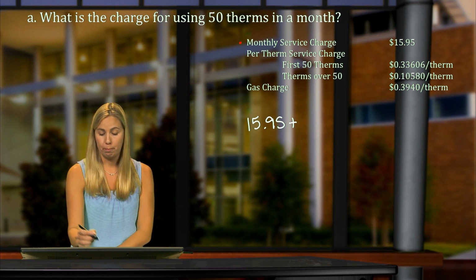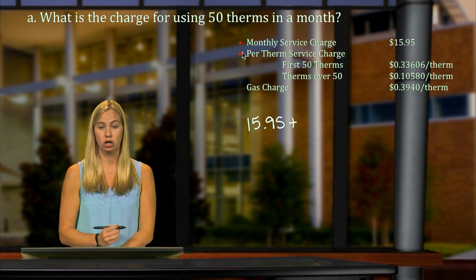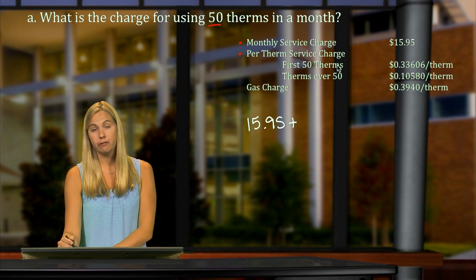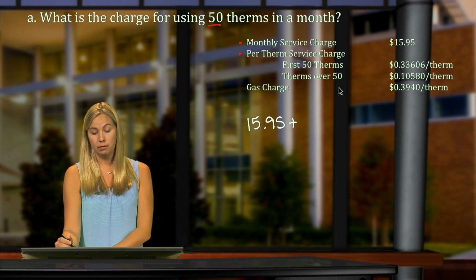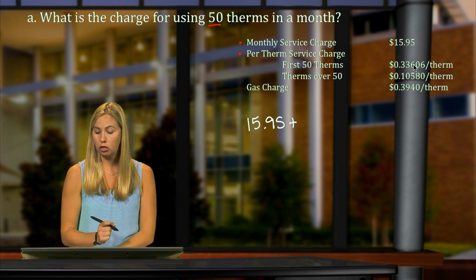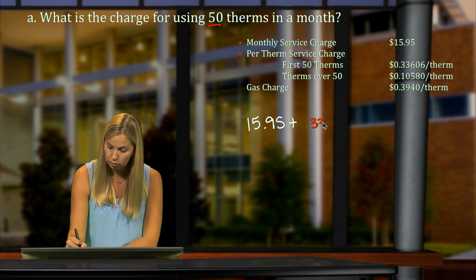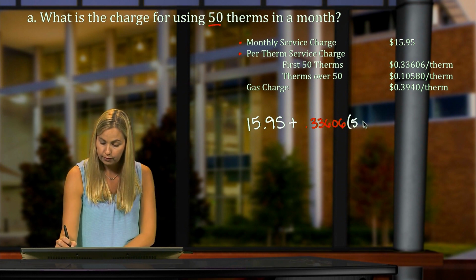Now we have to pay for our per therm service charge. Since we use 50 therms, are we in the first or the second category? Well, the first 50 therms, which is what we've used, are 0.33606 dollars per therm, so we've got 0.33606, and we've used 50 of them.